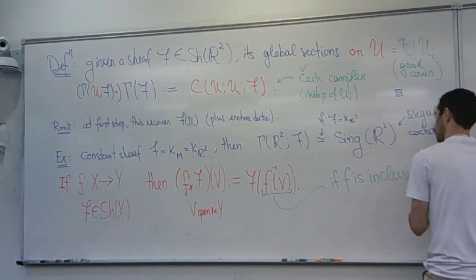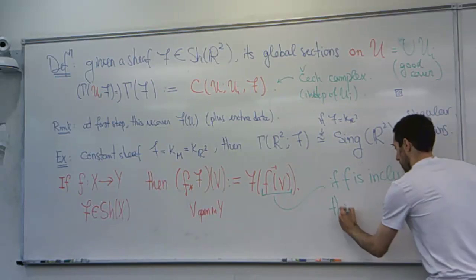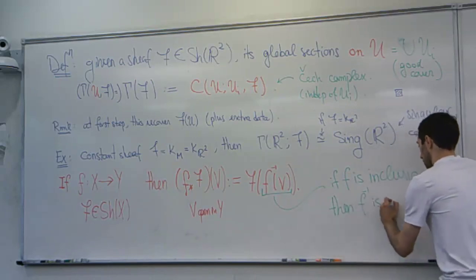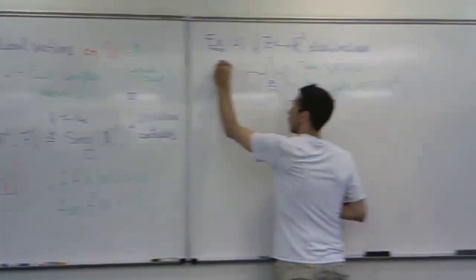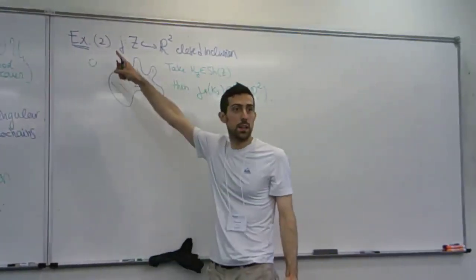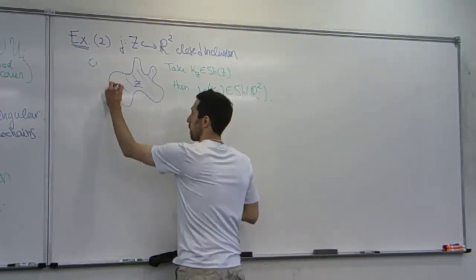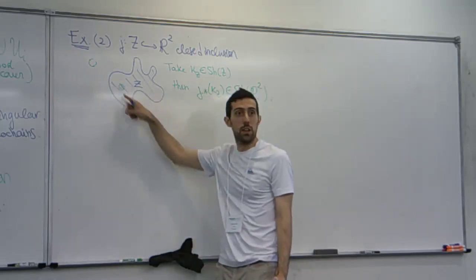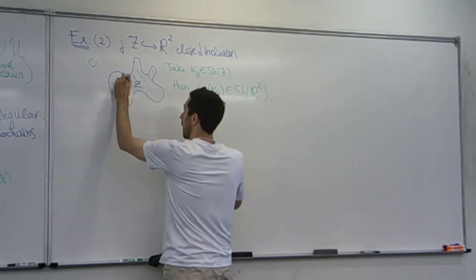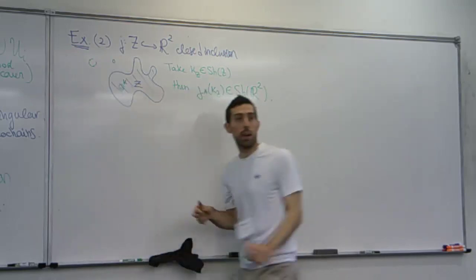Yes, it's an intersection, so the preimage is intersecting with X. For instance, that means if I have an open set in R2 which is far away from my Z, what do I assign here? Well, 0. It's like the empty set, so I get nothing. Whereas if I have an open set that meets Z, I intersect and assign whatever the constant sheaf gives, which is constant. So the intuition is that this sheaf will look like K, the constant sheaf, inside of Z, and then 0 outside of that.